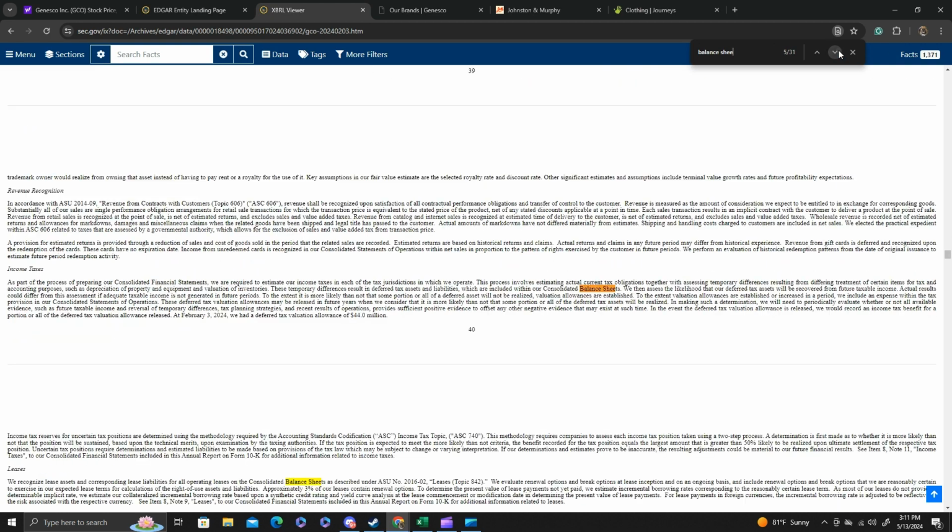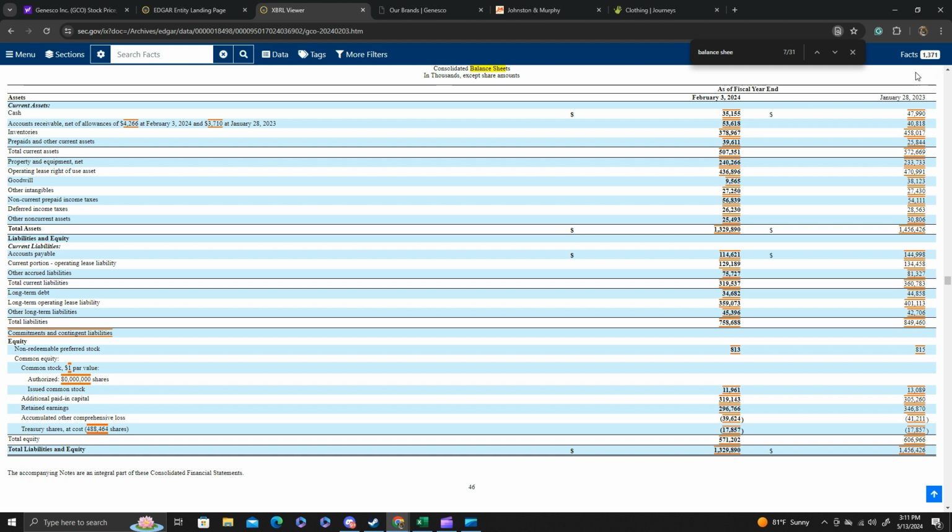Let's go back to the balance sheet. Non-current, we're going to keep that. Non-current prepaid income, non-current deferred income taxes, and other non-current assets.